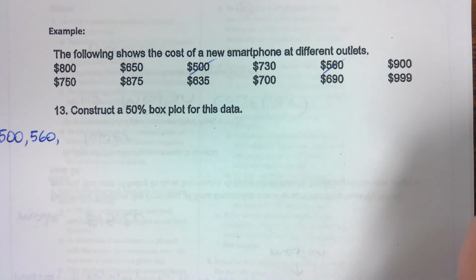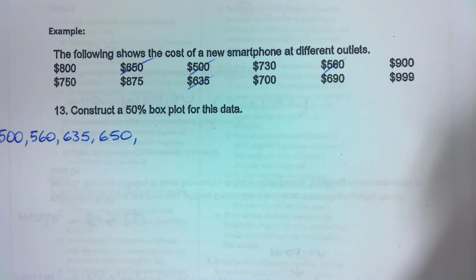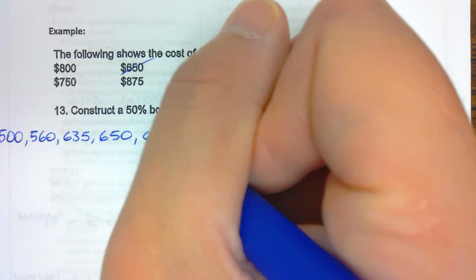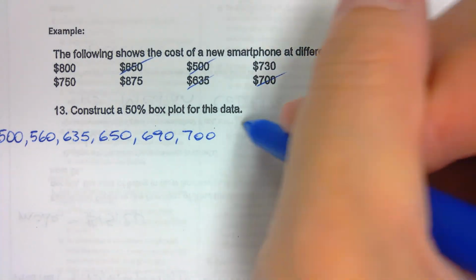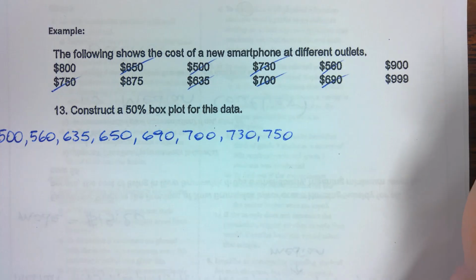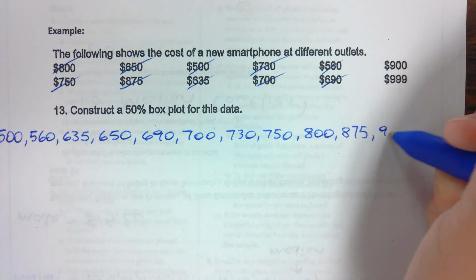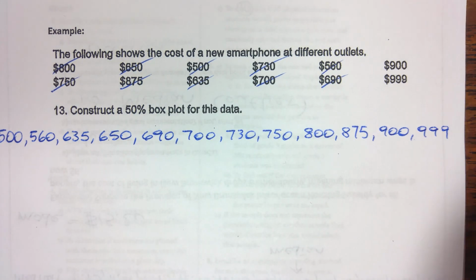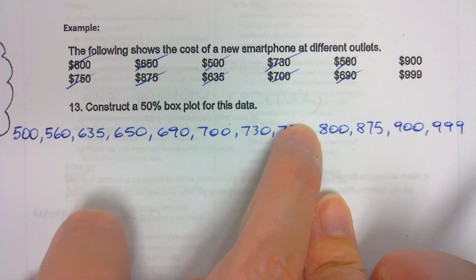And then 635, 650, 690, 700, 730, 750, 800, 875, 900, and 999. Okay, 2, 4, 6, 8, 10, 12.